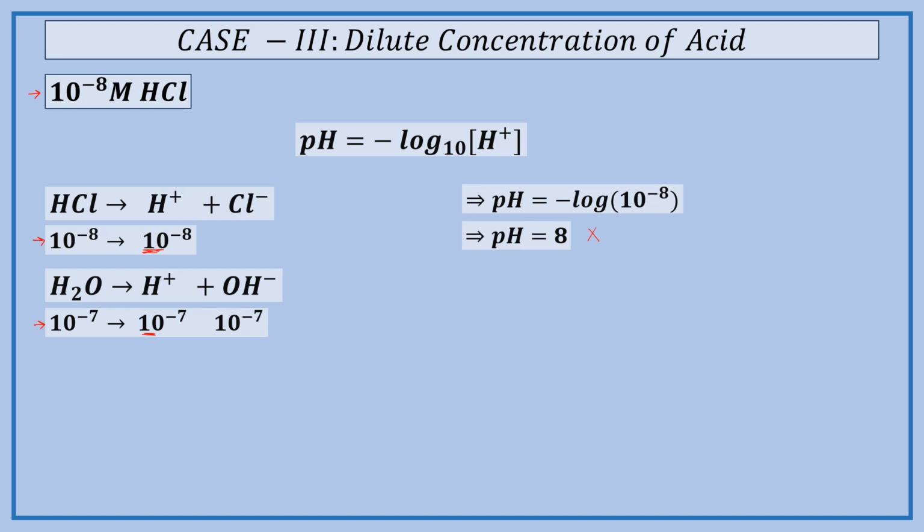If we have a strong concentration of an acid, let us say 10 to the power minus 1 molar HCl solution, then we can safely ignore the 10 to the power minus 7 molar H plus ion concentration contributed by water. However, in this case, we cannot ignore these H plus ions, and hence we have to sum them up: 10 to the power minus 8 moles from HCl solution and 10 to the power minus 7 moles from water.